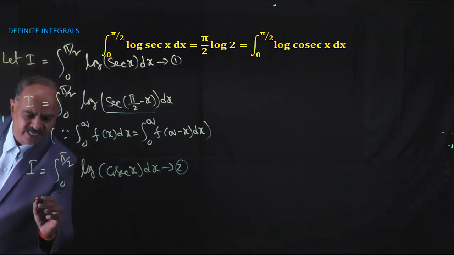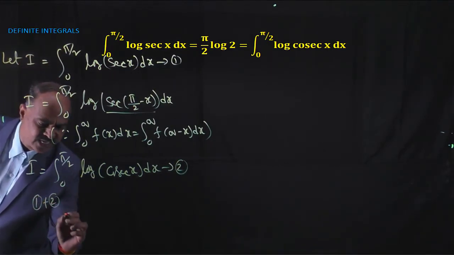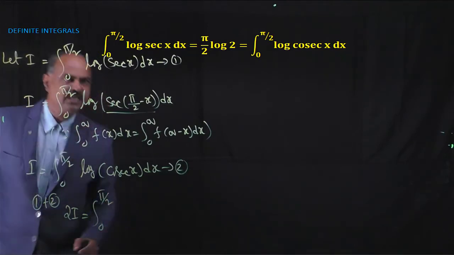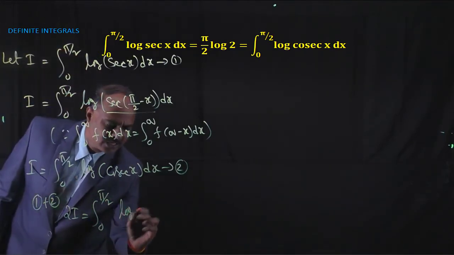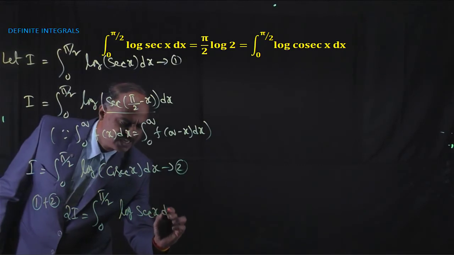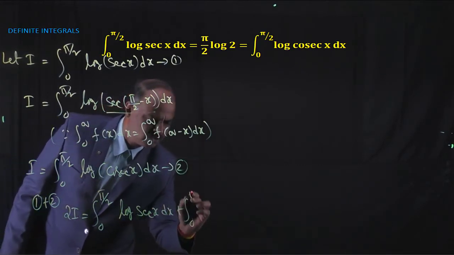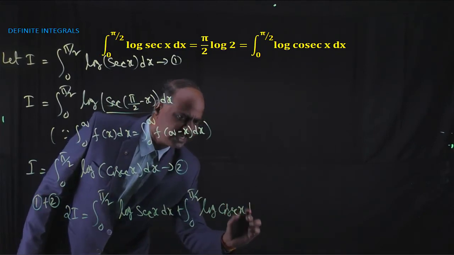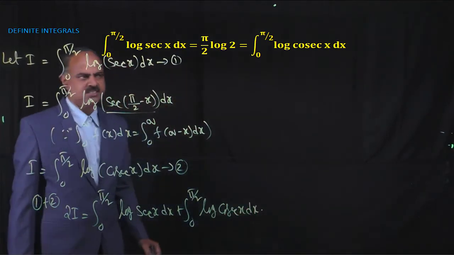Now adding 1 and 2, I plus I, 2I, is equal to integral 0 to pi by 2 of log secant x dx plus integral 0 to pi by 2 of log cosecant x dx.